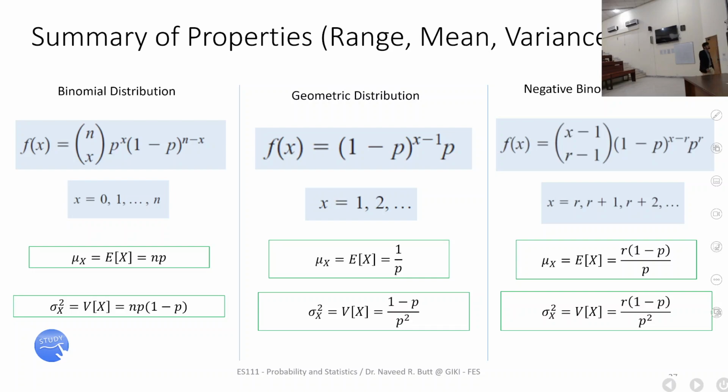Now each of these distributions has its sample space, has its function, and then we can derive from it. I'm not calculating it here, but they have their mean and variance in terms of P, R, and whatever is needed here. So the mean of each and the variance of each is here.